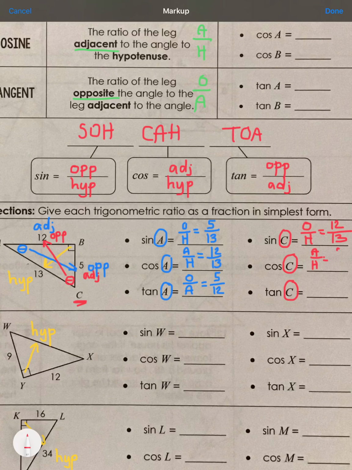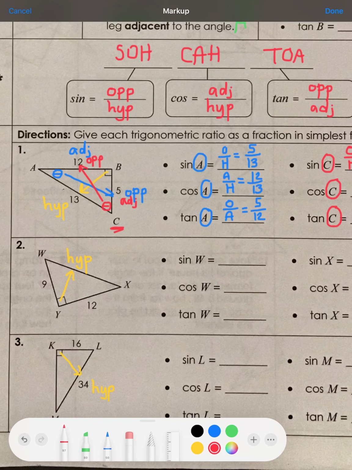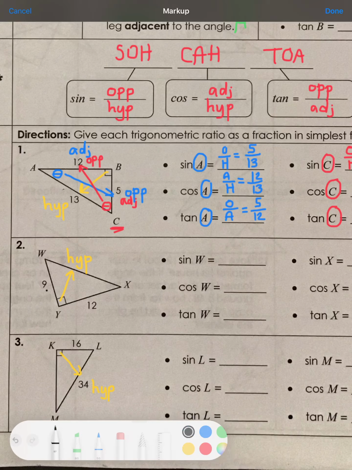My new opposite across from angle C is 12 over the hypotenuse, which is 13. Cosine is A over H, so that's going to be 5 over 13. And the tangent is going to be opposite over adjacent, so that is 12 over 5.